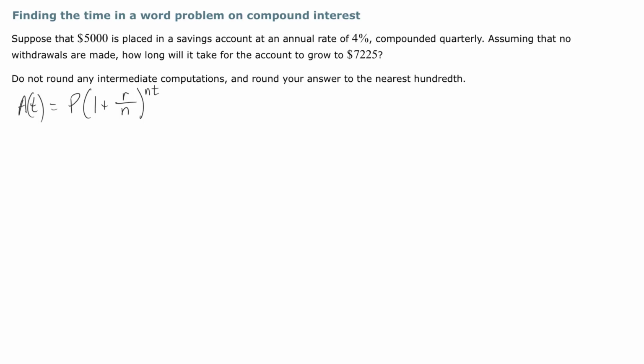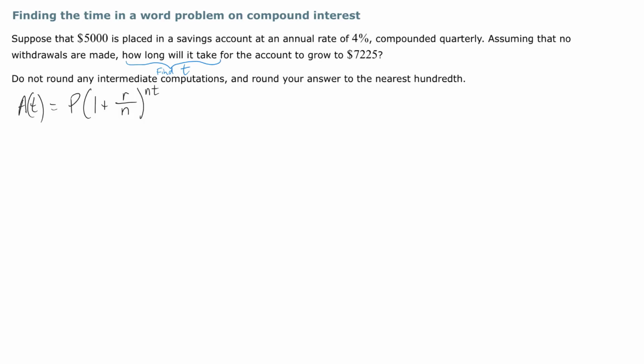We are trying to find how long will it take, right? Go back and read the question. How long will it take for the account to grow to $7,225? How long is a measurement of time. We're actually trying to find t. And usually with this problem, t is a measurement of years. Do we have a principal, an initial amount here?